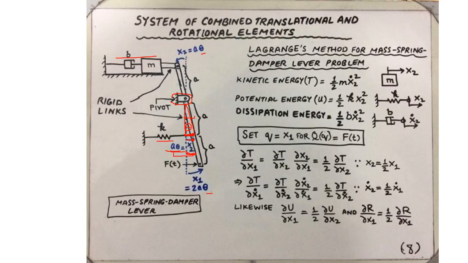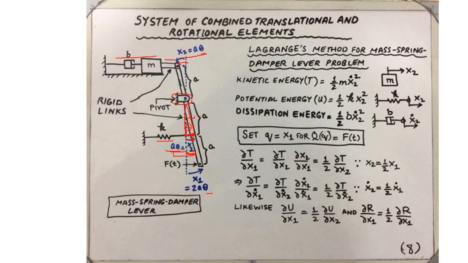Likewise, the displacement of the mass is again x2, based upon the argument that the arc length here is a times theta, same as that of the displacement on the right terminal of the spring.